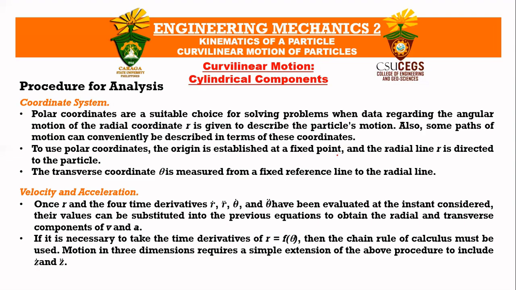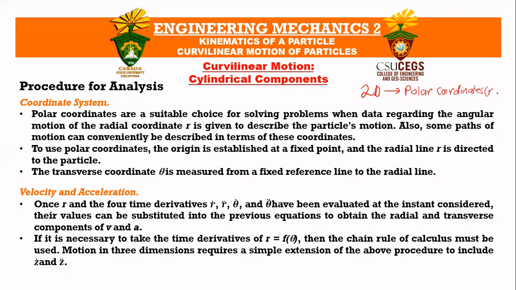So after this one, we'll have 3 example problems. The first 2 examples will focus on the 2 dimensionals, and for the third example, we'll focus on the 3 dimensionals. Take note, for 2 dimensional, that is by using polar coordinates.